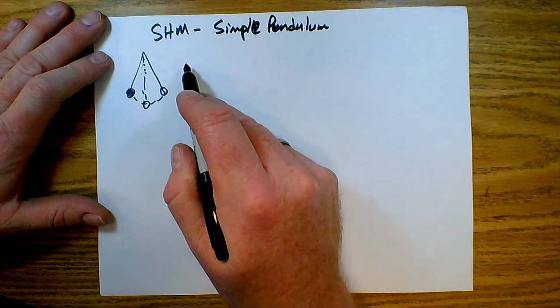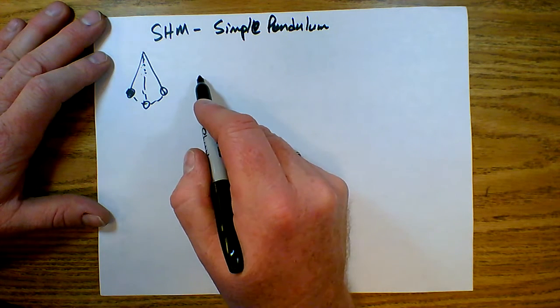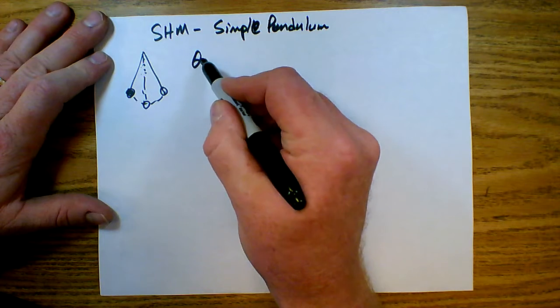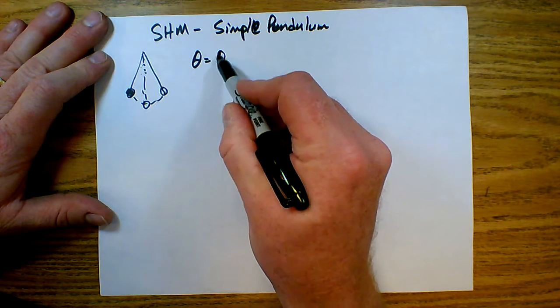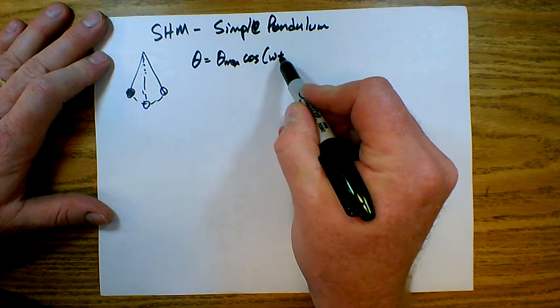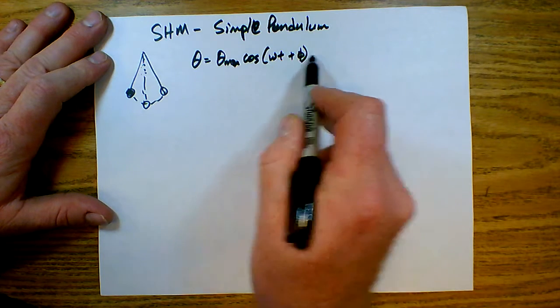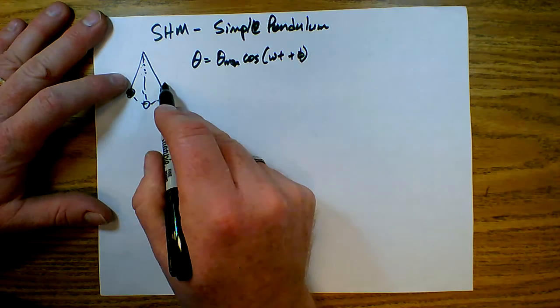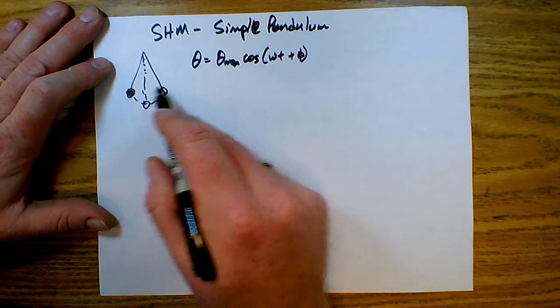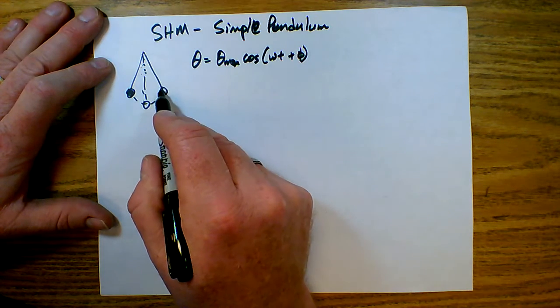So instead of using x as the position and v as the velocity and a as the acceleration, we use theta to represent the angular position of the pendulum, equals theta max times the cosine of omega t plus phi. So it's basically the same equation. Theta max, the maximum angular displacement, is another name for the amplitude of the simple pendulum. What kind of angle am I displacing it when I let go?